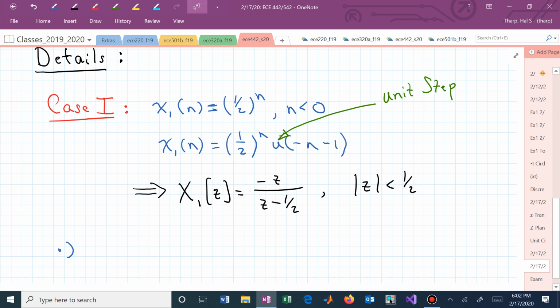What happens to our time domain response, x sub 1 of n in this case, when capital R, here is our R, that's now 1/2, and we're raising it to -1, 1/2 to the -2, 1/2 to the -3. What's the time domain response?